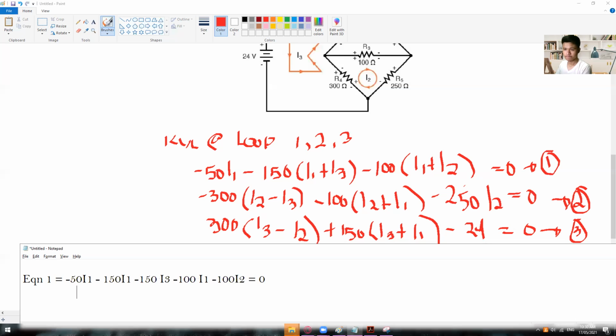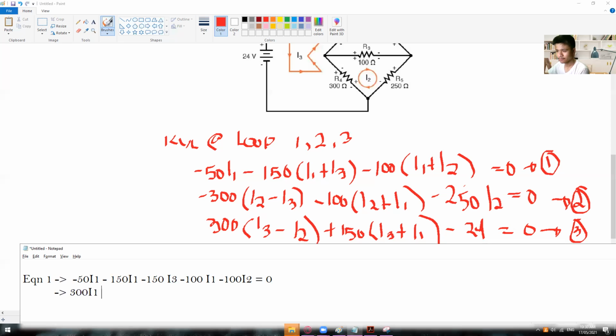We can simplify this a little more by combining similar terms. Notice that we have three I sub 1 terms: negative 100, negative 150, and negative 50. All in all, we have negative 300 I sub 1.